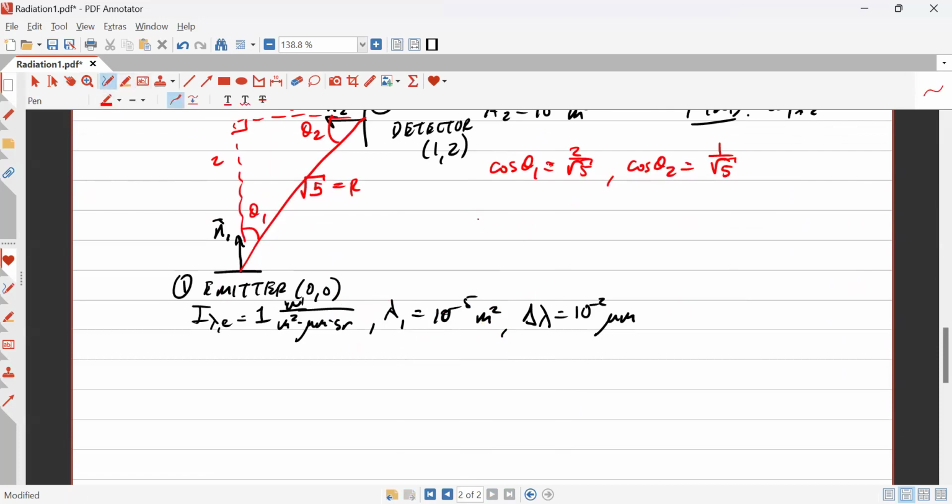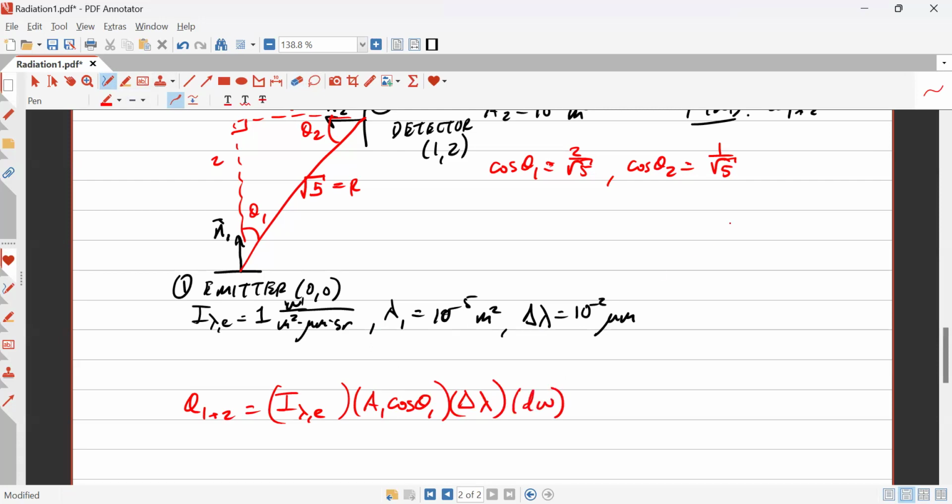Actually, maybe I'll just write out the equation here, and then we'll just fill things in. We'll say this is finite. So we'll say q1 to 2 is I lambda e times A1 cosine theta 1, and then there's the delta lambda, and then there's the omega.